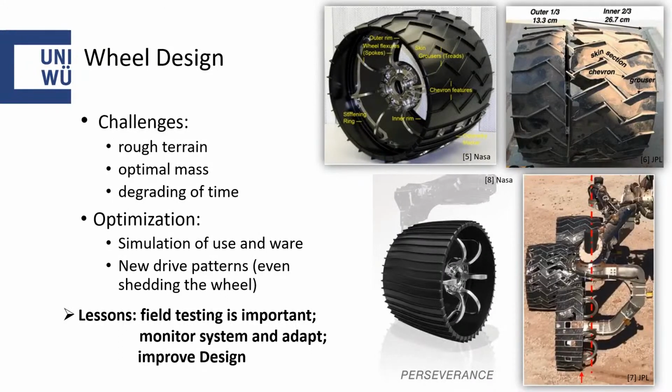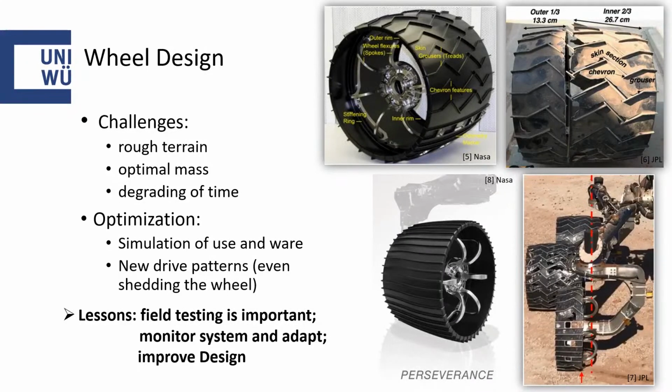This is a mechanism by design, so if the wheel gets too damaged, the rover can, if it has to, drive over a certain angle over a rock and shed the outer two thirds of the wheel apart from the rover, and can still drive on only the outer ring of the rover. You can see this on the bottom right side of the test rover in the test environment on Earth. And this is like the last resort for the rover to lengthen its lifetime.